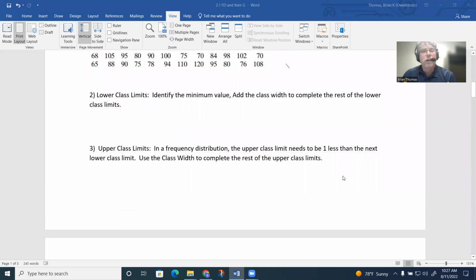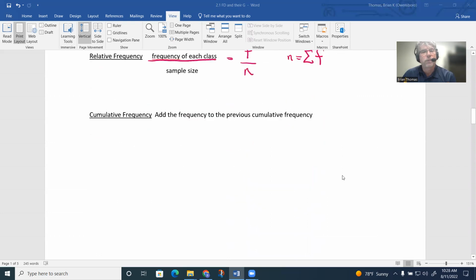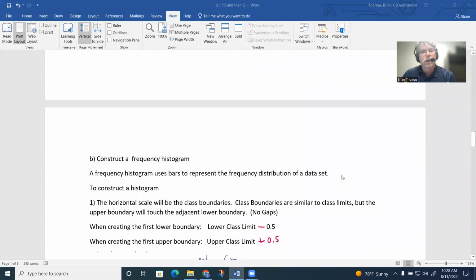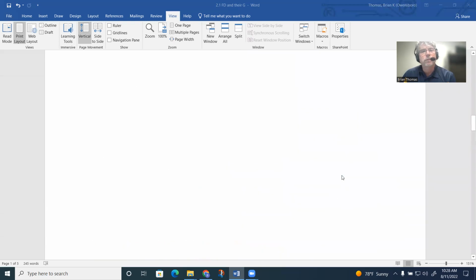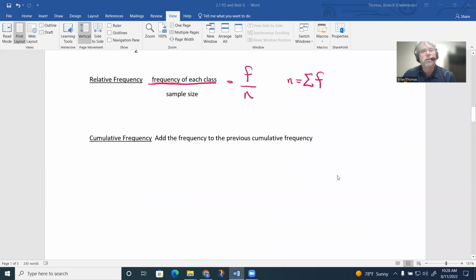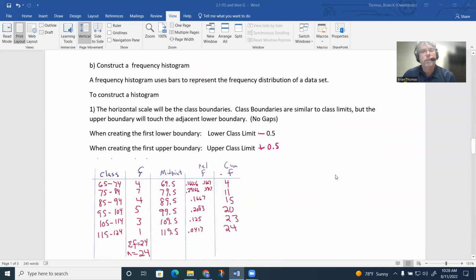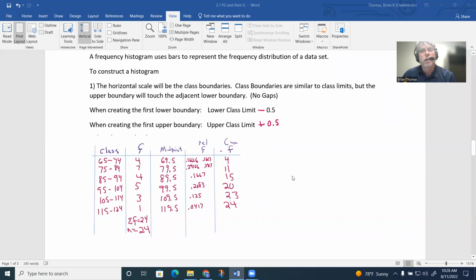As we move on down, we did all this already from last time, and we created our expanded frequency distribution.